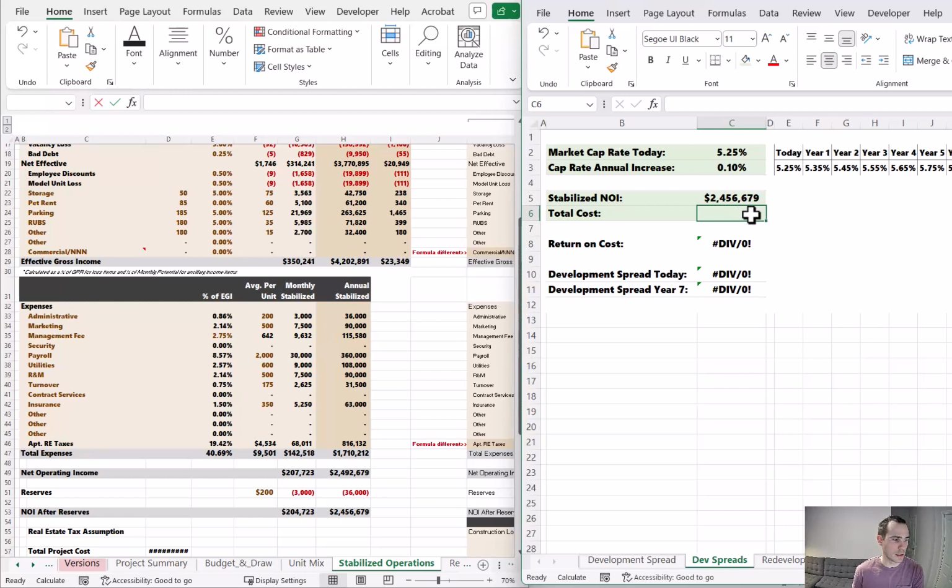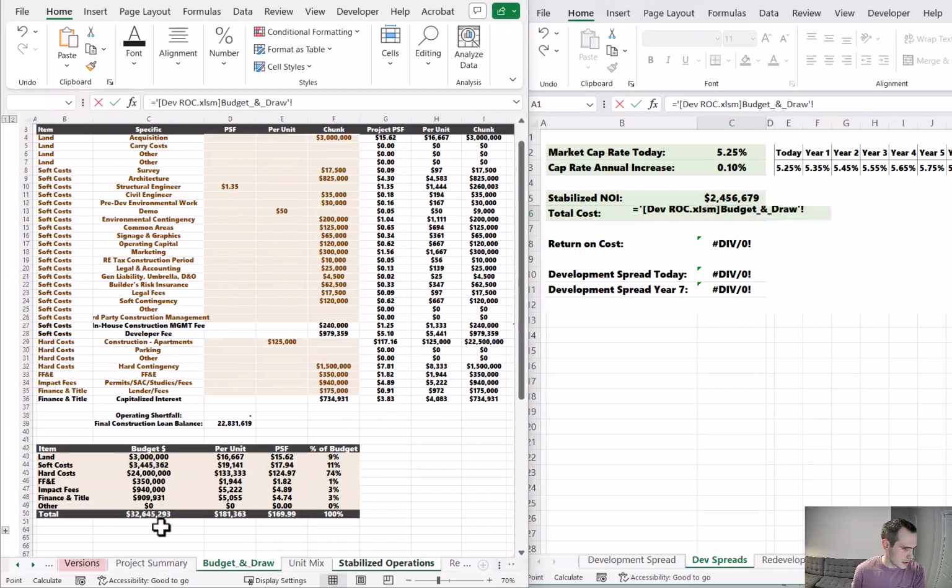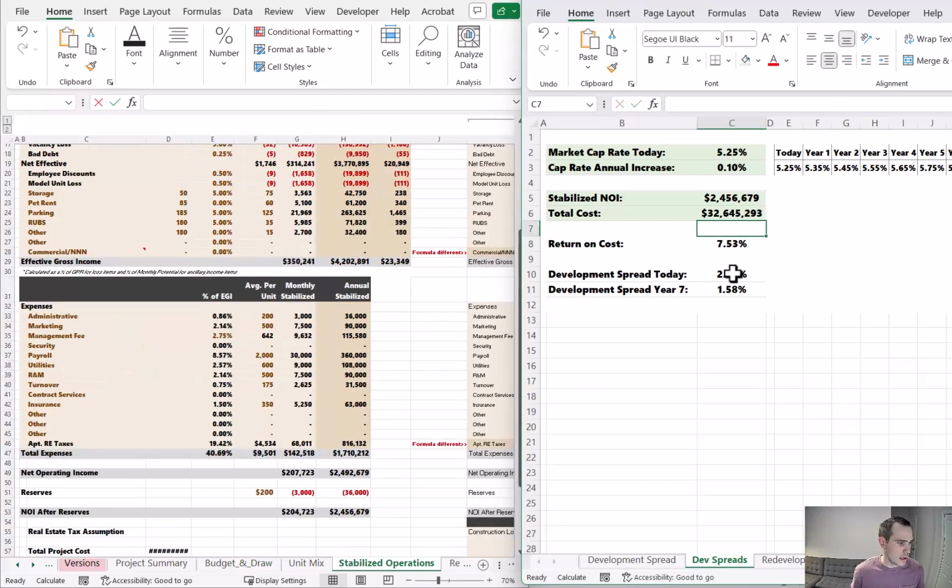How much is it to build this? The hard costs, soft costs, financing costs, marketing costs. To get that, we'll go to the budget and draw tab. We're just going to grab it right from the summary at the bottom, the 32.6 million number. And then the rest of the model will populate.